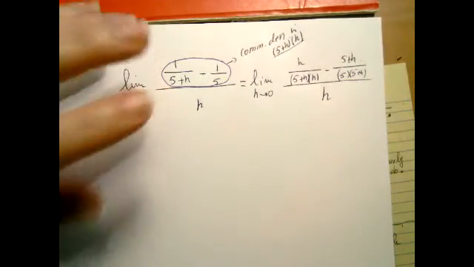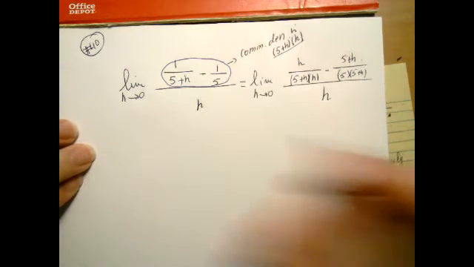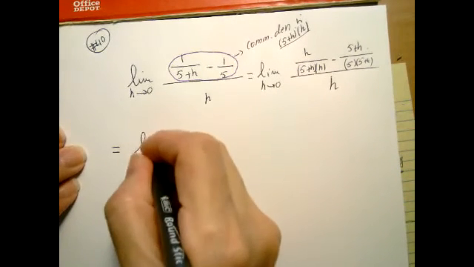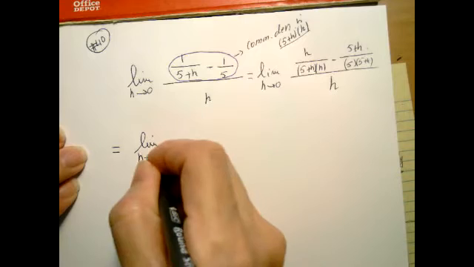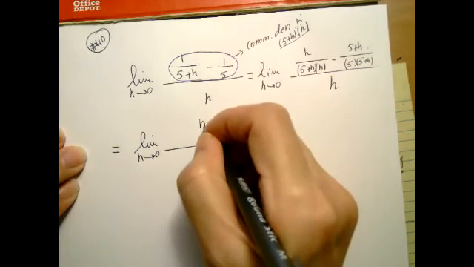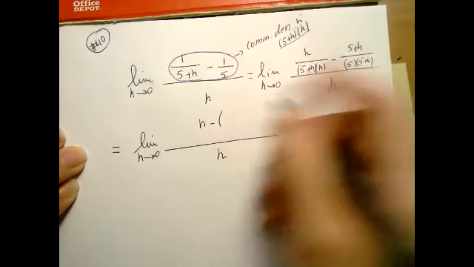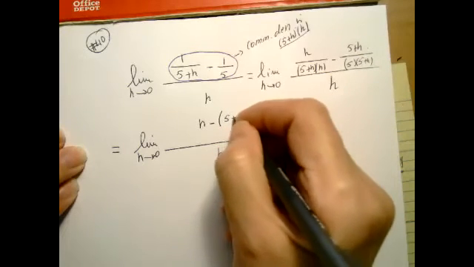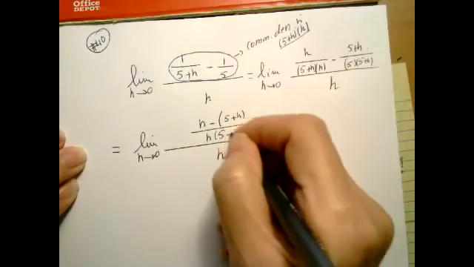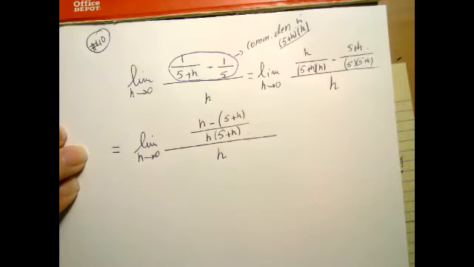Okay. So now I created a common denominator, which means I can combine my numerator carefully. So this would give me the limit as h goes to 0. That's my h. My numerator becomes h minus parentheses. The parentheses are crucial. Over h times 5 plus h.